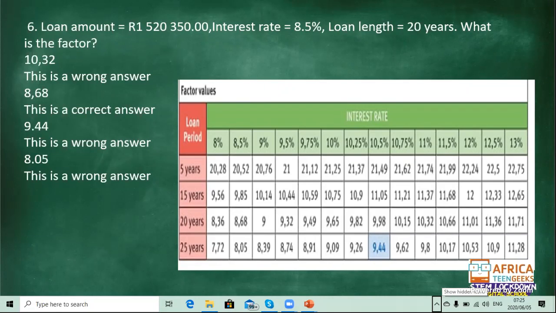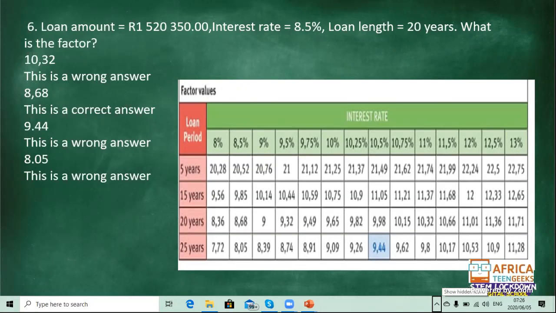And of course, it will be reduced, in fact. Your monthly repayment will be reduced because the factor will be reduced. It's just the same as 1 over a denominator. Let's say the denominator is 4, and if the denominator is 2, so 1/2 is half, and 1/4 is a quarter, and between quarter and half, half is bigger.